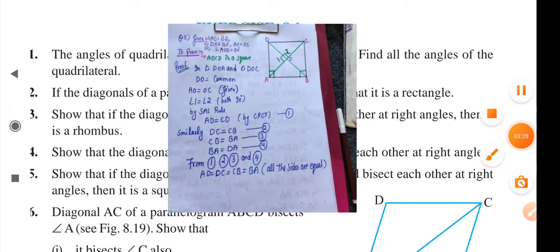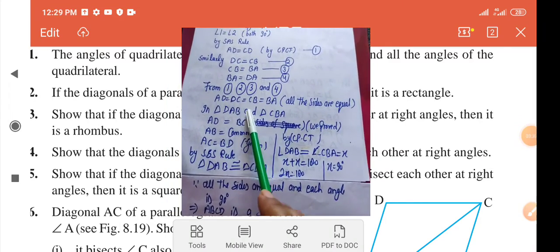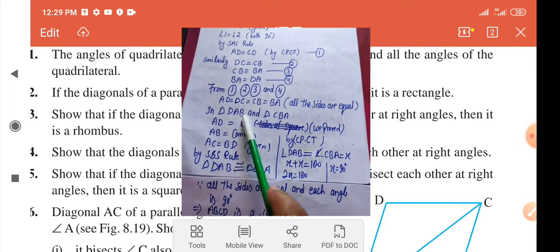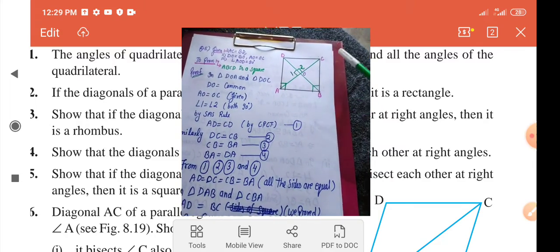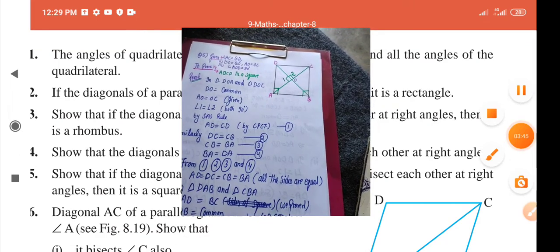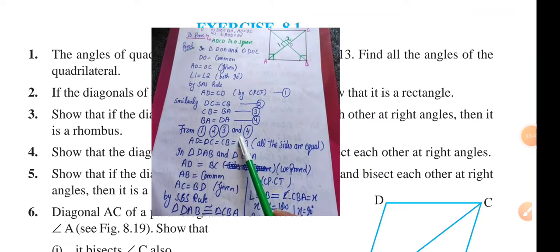I will show you how. You can see that I have taken these two triangles, DAB and CBA, to make all angles 90 degrees. In these two triangles, I have used the SSS congruency.